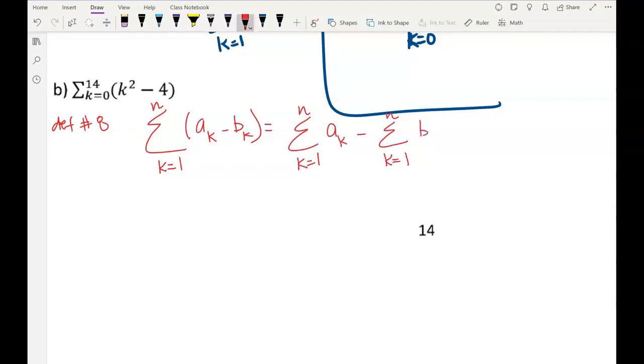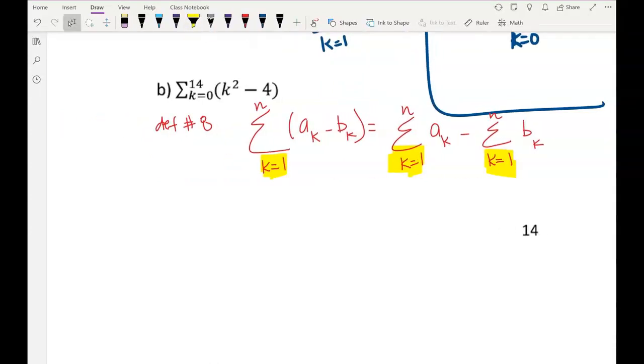Okay, so this is already in your definition. Now you just have to know how to use it. But your definition here says k has to start at 1. Now your question here on 7b said k is currently starting at 0. Then we can't use the formula. That's not the same. So we just have to start with k equals 1 by using when k is 0.